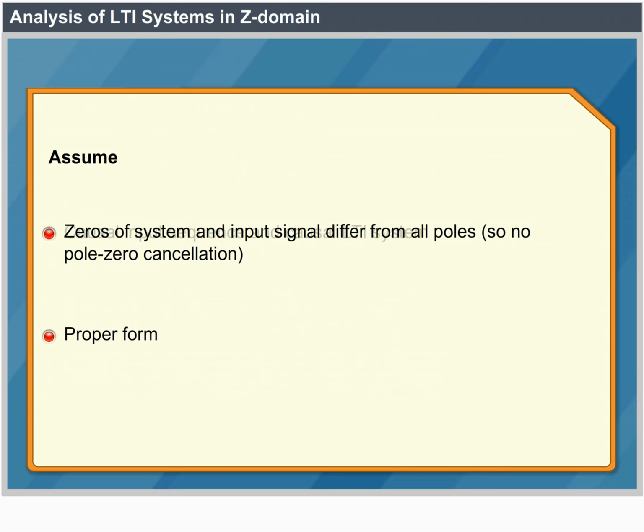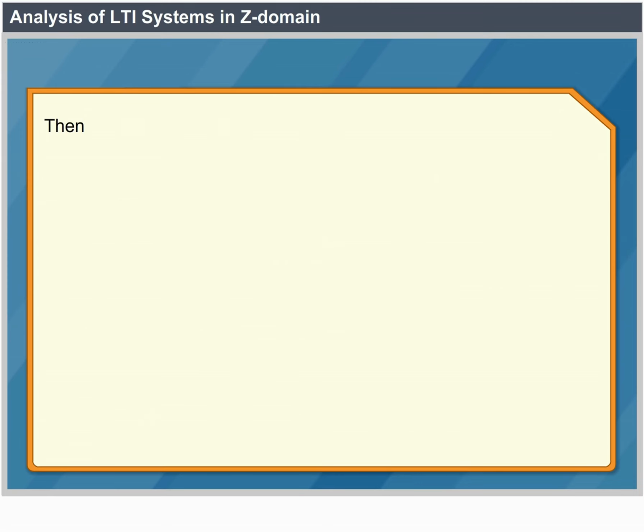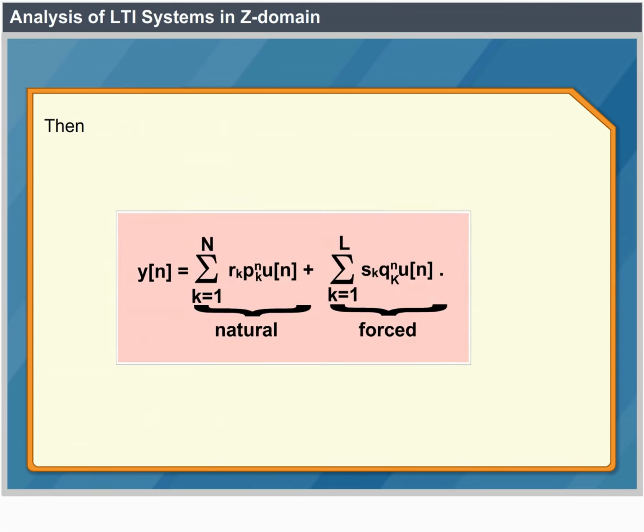Proper form: causal input sequence and a causal LTI system. Then y of n equals summation k equals 1 to N of r_k into p_k power n into u of n, which is natural, plus summation k equals 1 to L of s_k into q_k power n into u of n, which is forced.